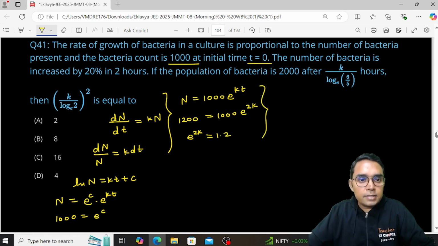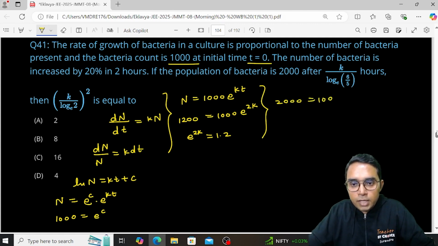Now the next thing they are asking is when the population of bacteria is 2000. So n is equal to 2000, which is 1000 times e power kt. At which time will this be 2000? That is what we have to find. So e power kt is equal to 2, where e power 2k is 1.2.